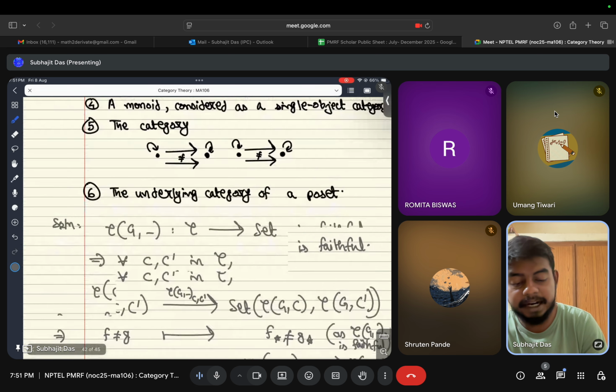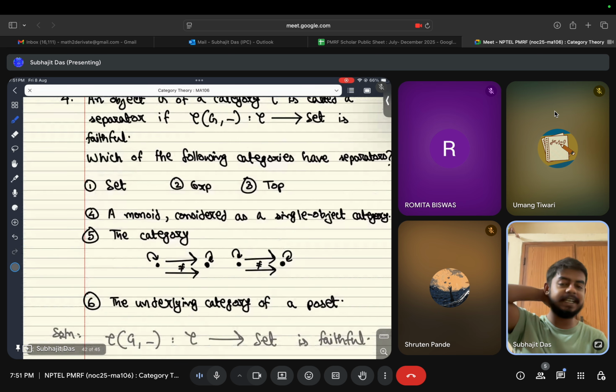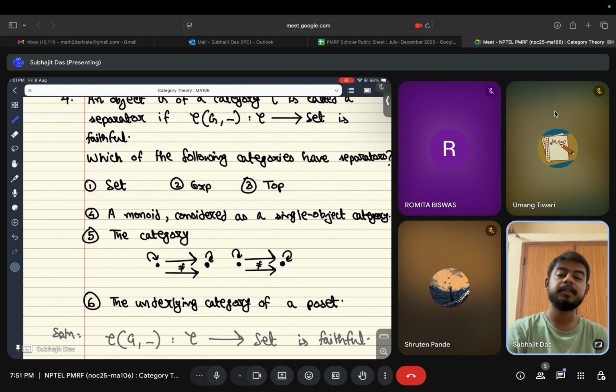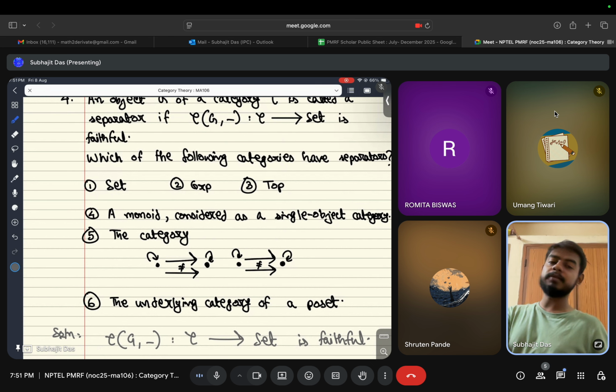And six says the underlying category of a poset. Does it have a separator? What is the underlying category of a poset? The objects of the category are the elements of the partially ordered set, and there is an arrow from little x to little y if and only if x is less than or equal to y.